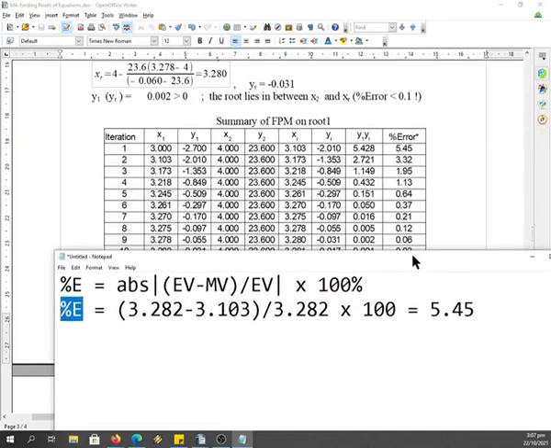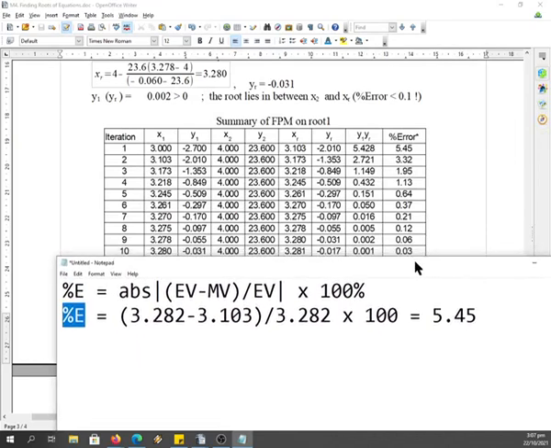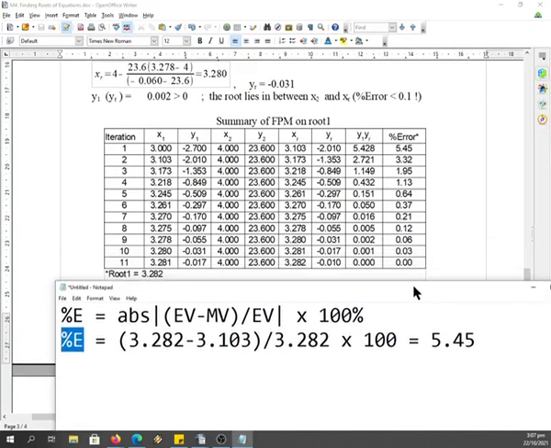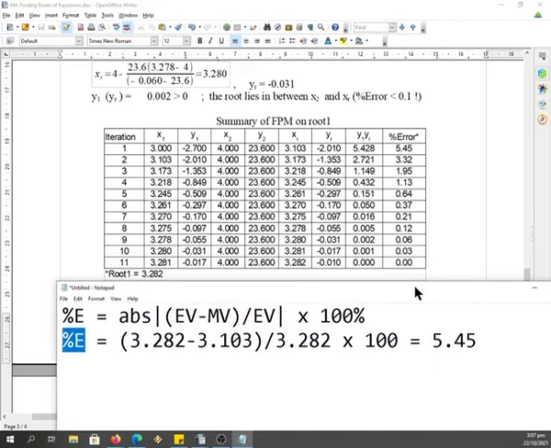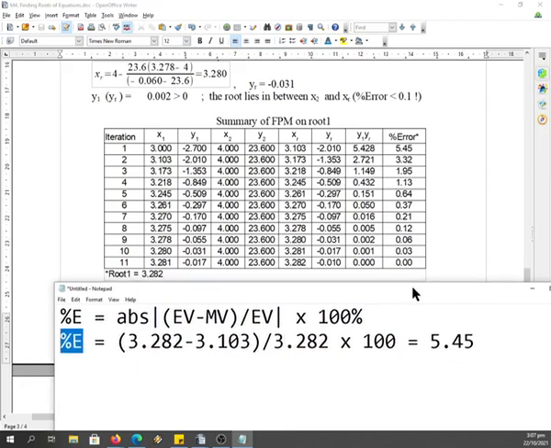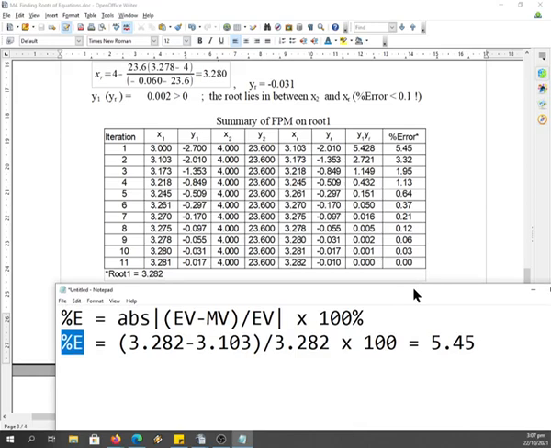Now, I'm just interested: if I continue with the process, how many additional iterations will I perform in order to get to the root value of 3.282?